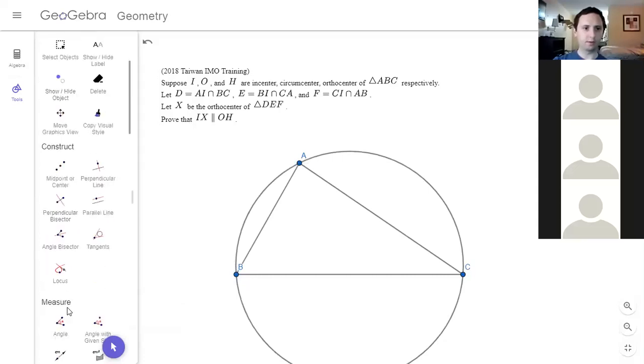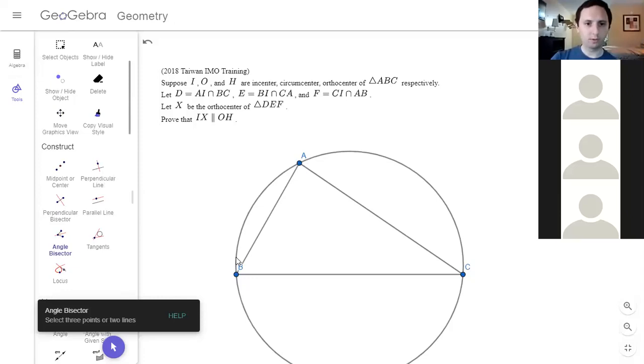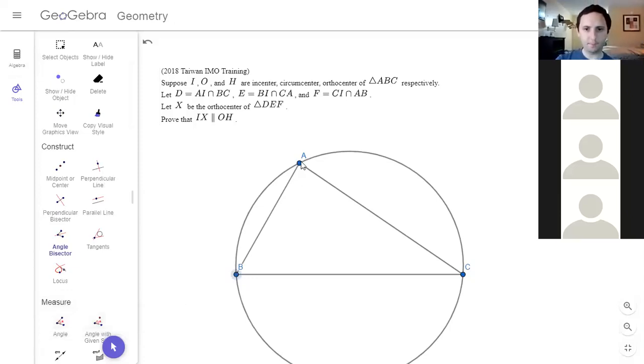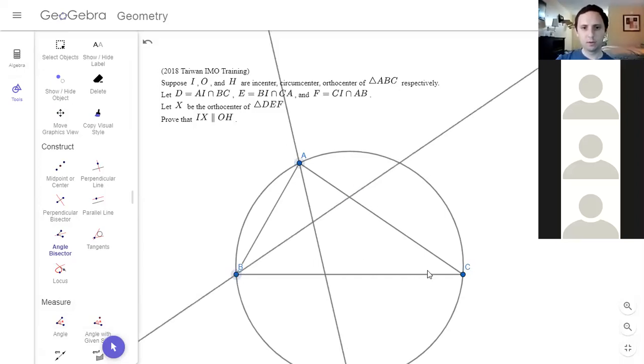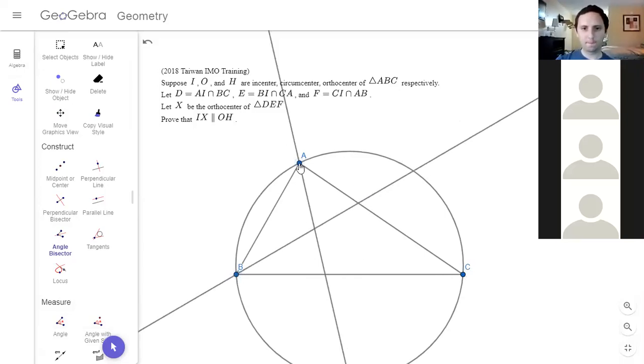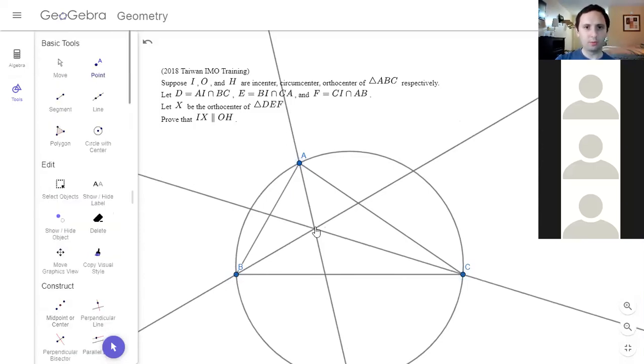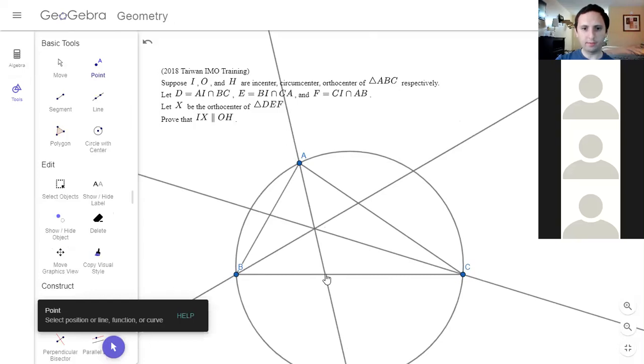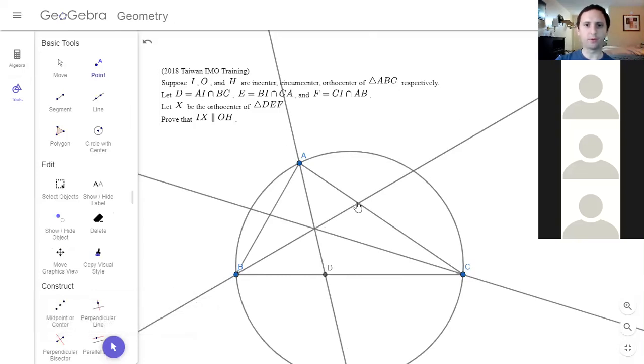And we draw the feet of the three angle bisectors. This problem's from 2018. Okay, so we have DEF, and we draw the orthocenter of DEF.